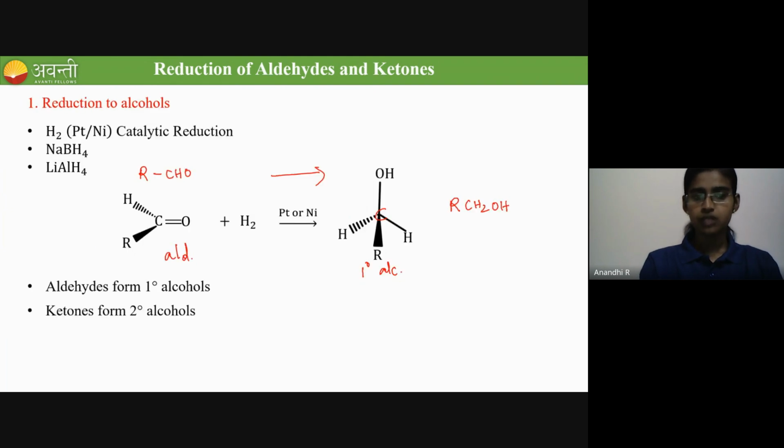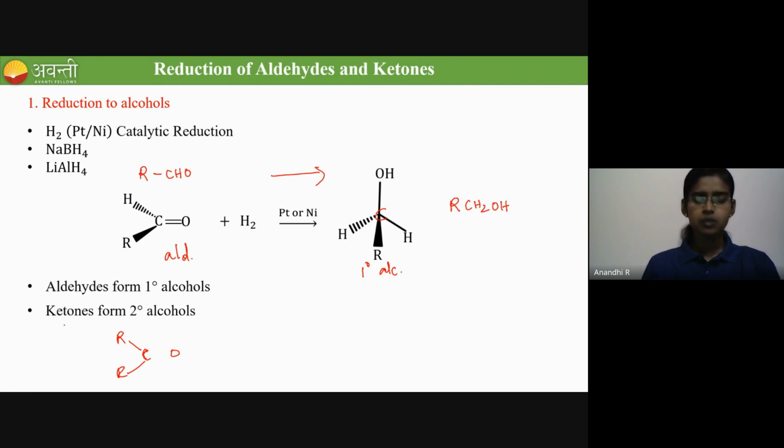Before going to this example, I'll show you an example for the preparation of secondary alcohol from ketone. Suppose I am taking RC double bond O, R. It is not H, okay?